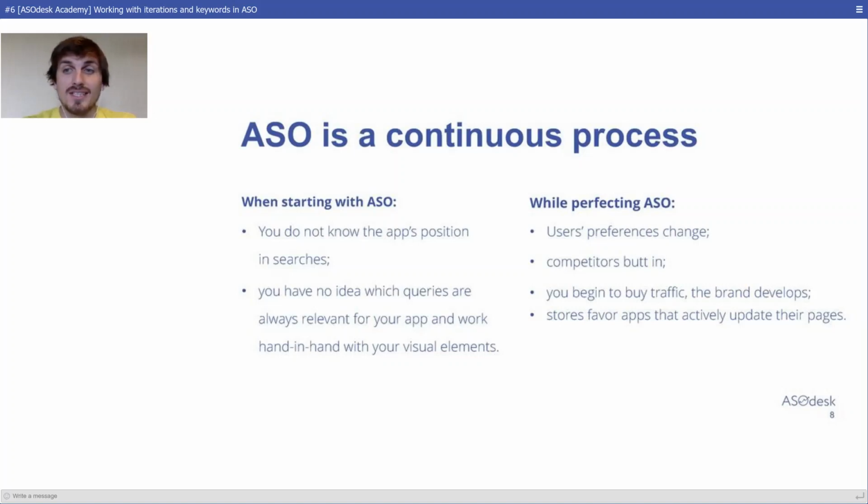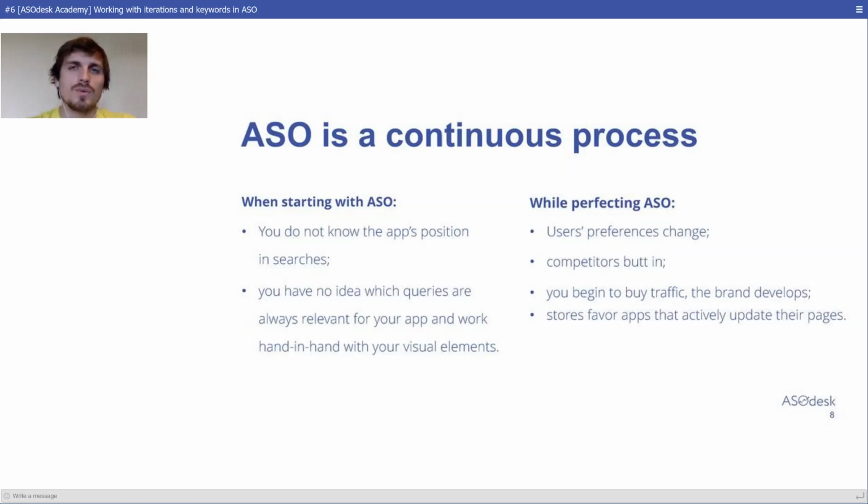So ASO is a continuous process because at the beginning we don't know the app's position in searches, and we have no idea which queries are relevant for your app, and which of the keywords work hand in hand with our visual elements. So we need a few iterations to understand the relevance of given keywords and semantic cohorts for our app. Let's take the example of a fitness app.